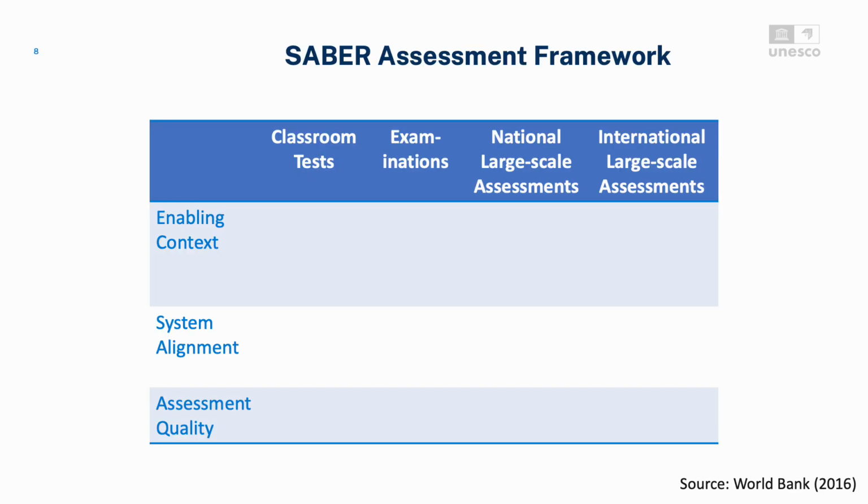The World Bank also evaluates the assessment frameworks of various countries, including 4 different types of assessments: classroom tests, examinations, national large-scale assessments, and international large-scale assessments. It uses systematically 3 different criteria: 1, enabling context; 2, system alignment; and 3, assessment quality.